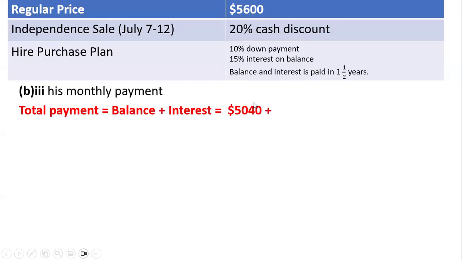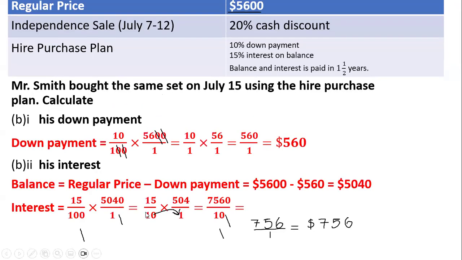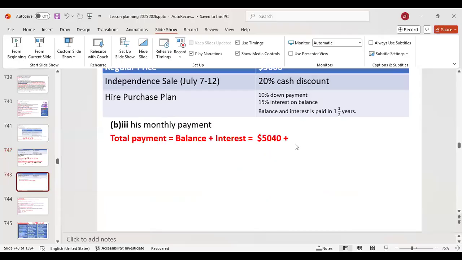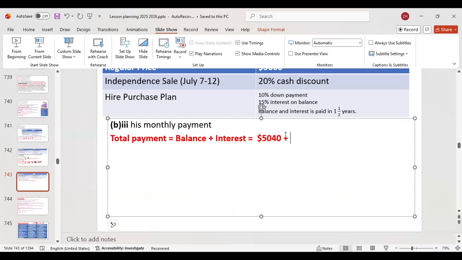We also got the interest in our previous question, and the interest is 756. So we need to add the balance, 5,040, and the interest, which is 756. Very good.